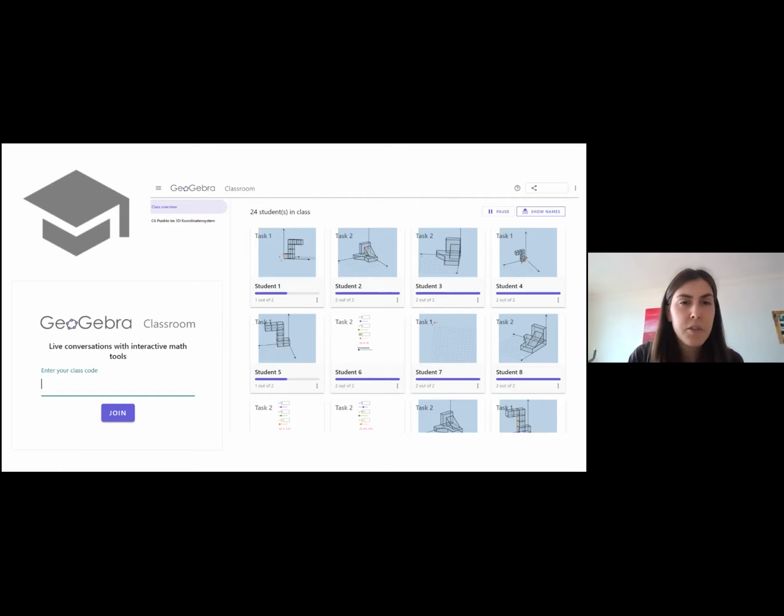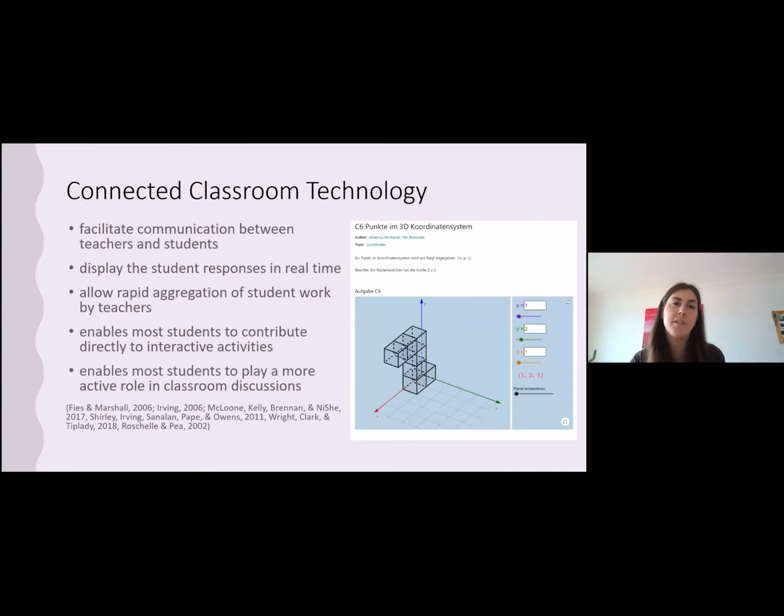So basically GeoGebra Classroom is a connected classroom technology, which means it refers to a network system of personal computers or handheld devices specifically designed to be used in a classroom for interactive teaching and learning.